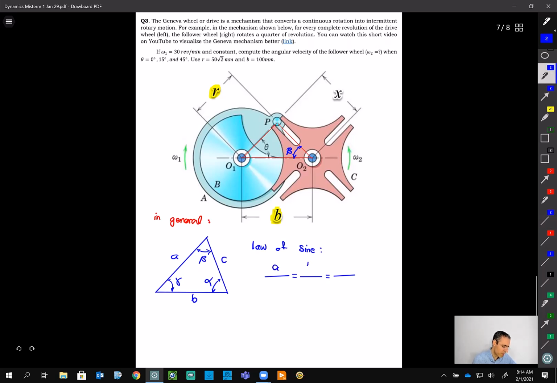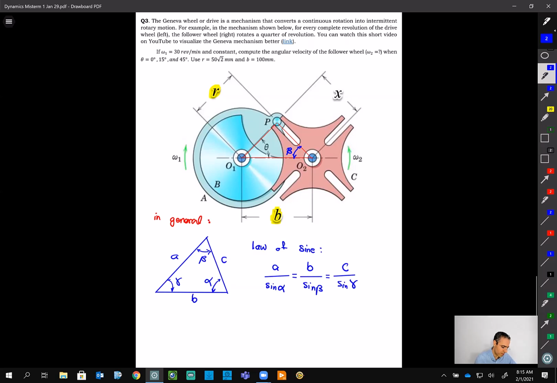This is the way that I memorize it: if I write A, B, C, and then for the denominators, we're going to have sine of alpha, sine of whatever is in front of that side of the triangle. So this one is going to be sine beta, and this one is going to be sine gamma. Okay, this is the law of sines.